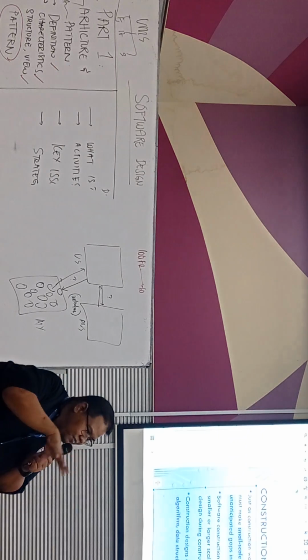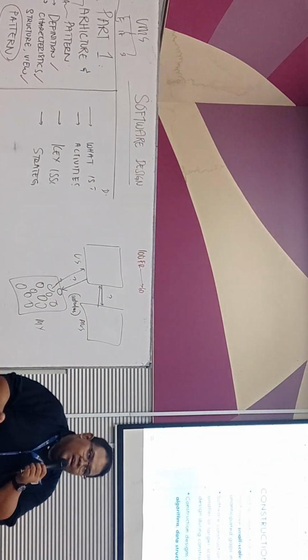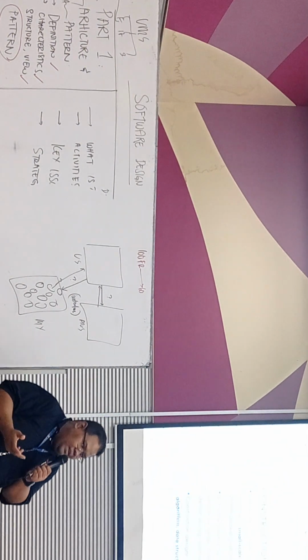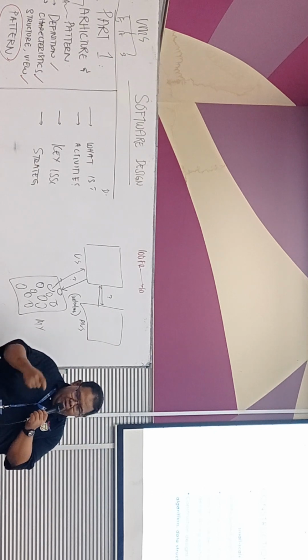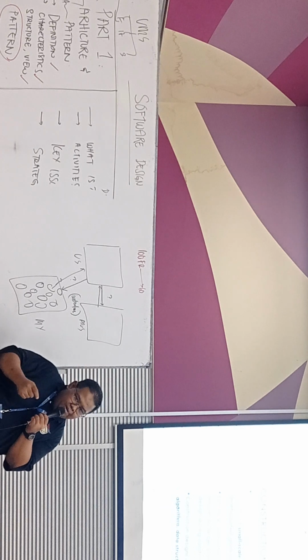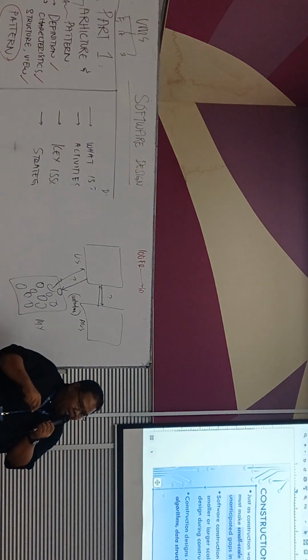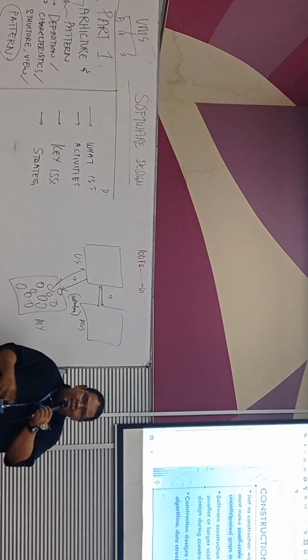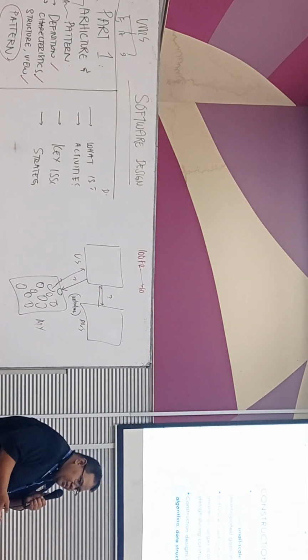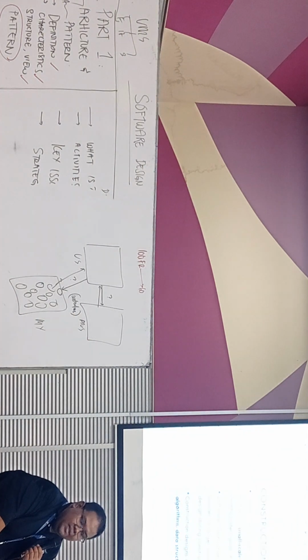Maybe I need to add more functions or more methods, or I need to introduce new classes and whatnot. When you are writing the pseudocode and the algorithm, you may feel that this algorithm is too big. It should not be handled by only one method. I need to split this into a few more methods. Then you can tell the designer, can we introduce new classes and whatnot. So that one is called small-scale modification.